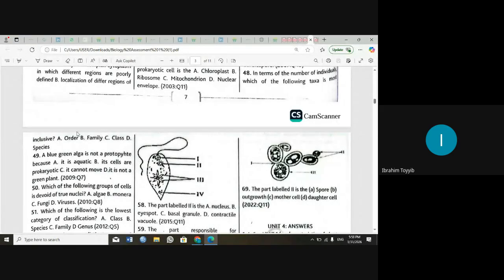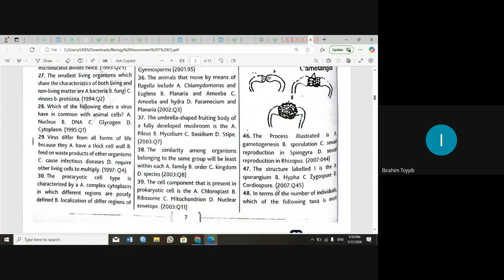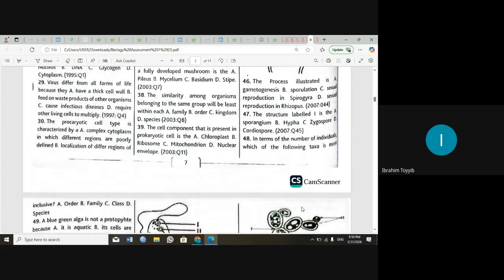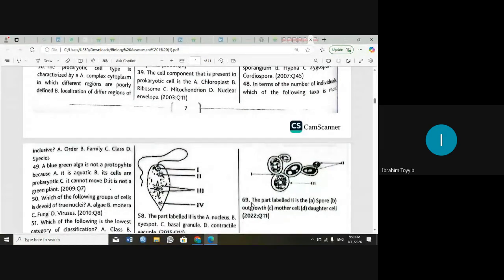Can you see taxa like order, family, class, species? Okay, let's look at it.